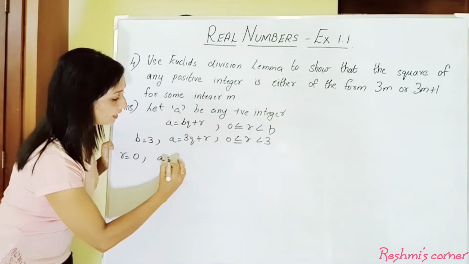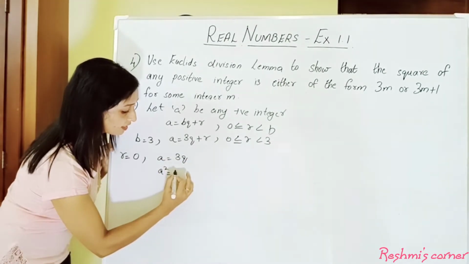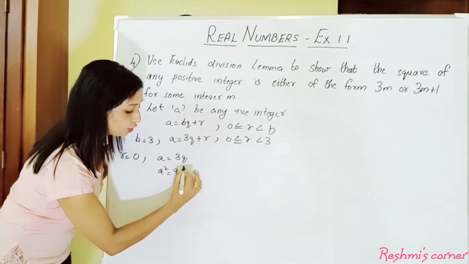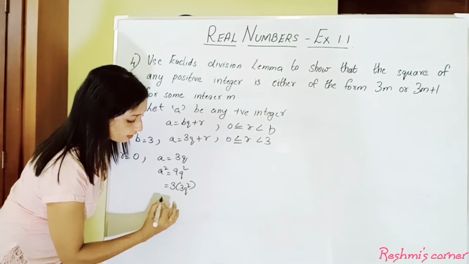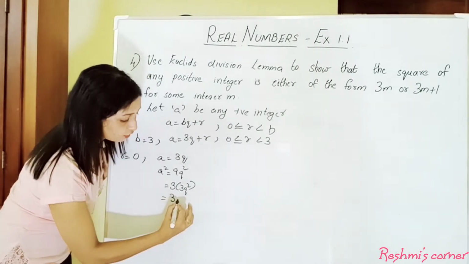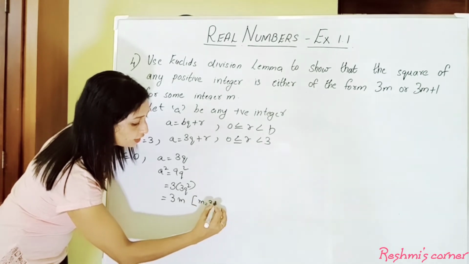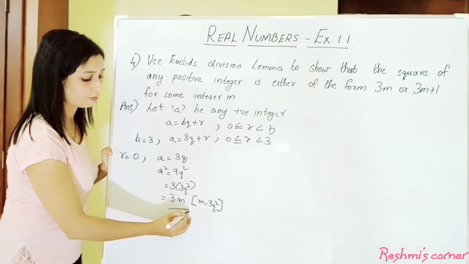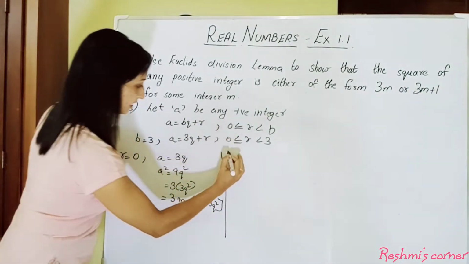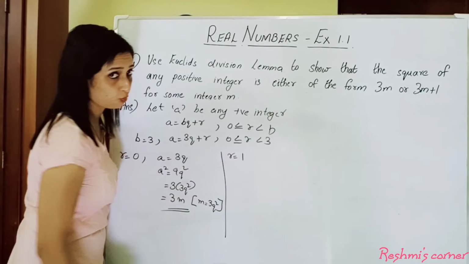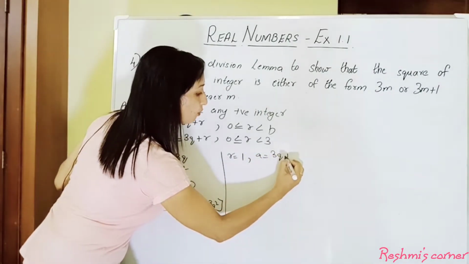What do we get? a is equal to 3q. Now squaring both sides, you get a square is equal to 9q square, which can be written as 3 into 3q square, which again can be written as 3m, where m is equal to 3q square. So this is our first case. Now let's move on to case 2. That is, when r is equal to 1, what do we get? a is equal to 3q plus 1.